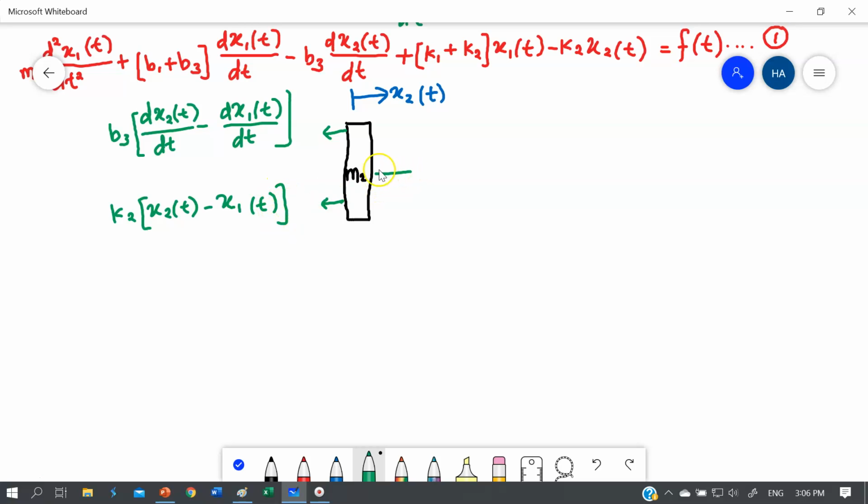Here we have this spring k3 x2. We have here the friction B2 and lastly another reaction force which is due to the mass itself.